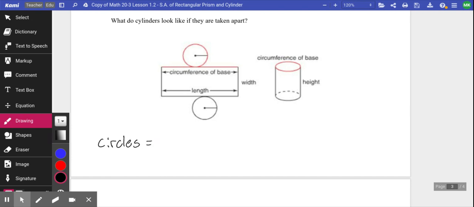Circles would be 2 pi r squared. Perfect. And then you got to do the middle part, right? I like to call it the label. So if you pretend you have this and you had that label around it, and it's a rectangle, which you'd have to add. So that label always forms a rectangle, which we know is length times width.